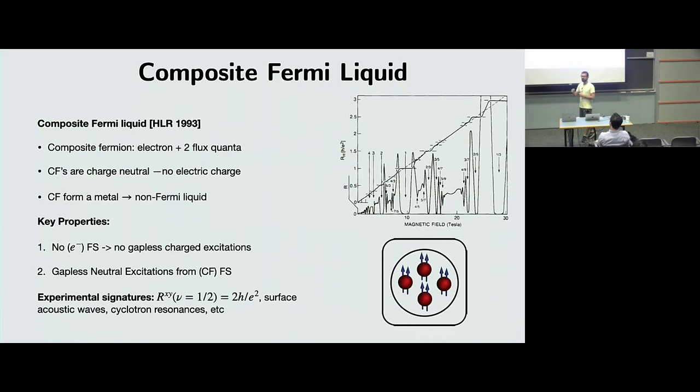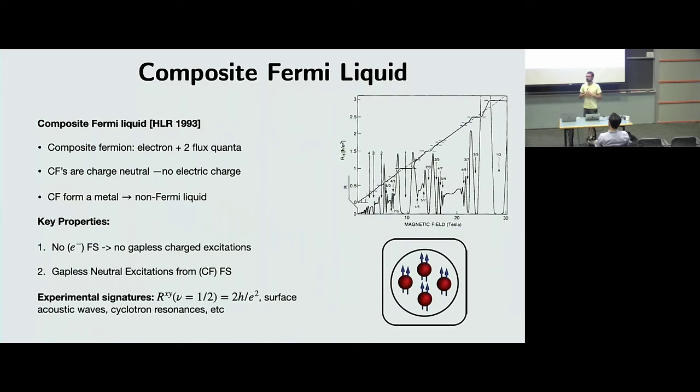Since they are charge neutral, even though they form a metal, that is a very unusual metal without any electronic Fermi surface. But if you were to look at neutral excitations, you would still see gapless neutral excitations from densities scattering across the Fermi surface.